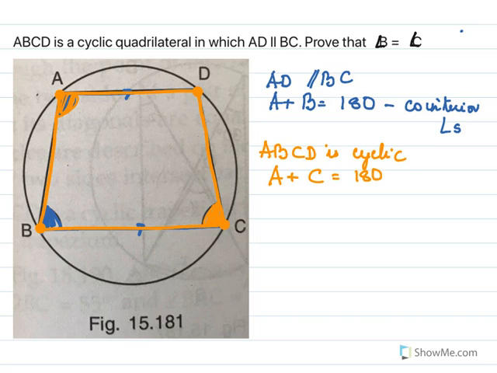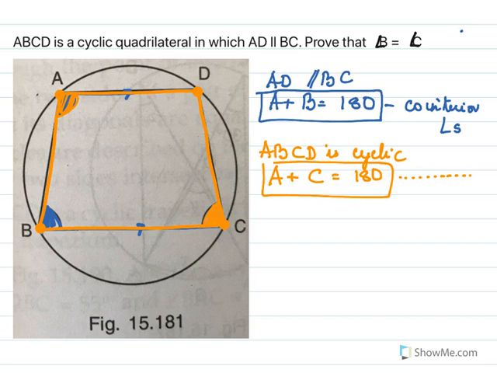A plus C equal to 180. Opposite angles of a cyclic quadrilateral are supplementary. Now if I equate both these equations, I take the equation A plus B is 180 and I take A plus C is 180. Put them together, I will get A plus B equal to A plus C. A cancels, I get B equal to C, and I have proved it.